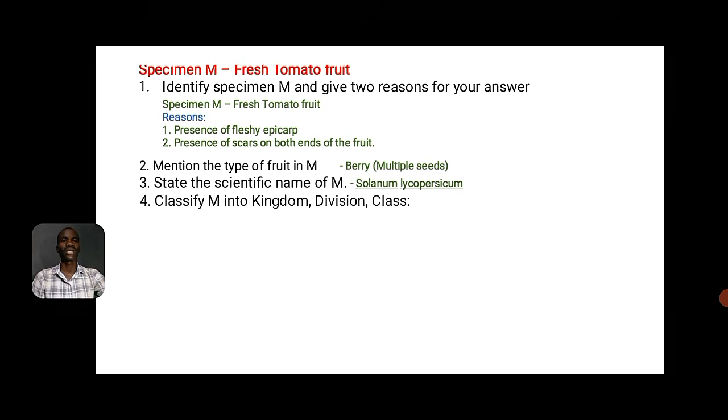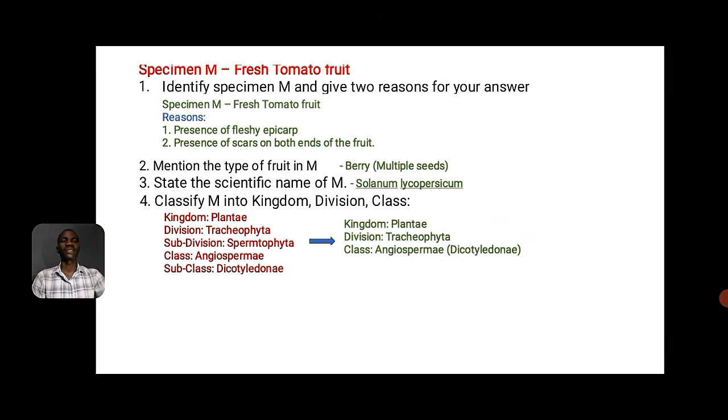Classify M into kingdom, division, and class. So you have kingdom Plantae and so on. Then your final answer will be Plantae, Tracheophyta, Angiospermae. So it is a dicotyledonous plant.